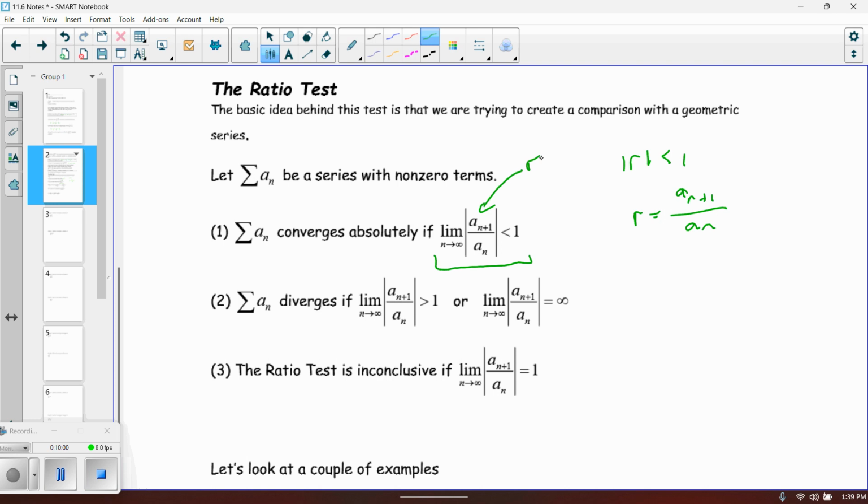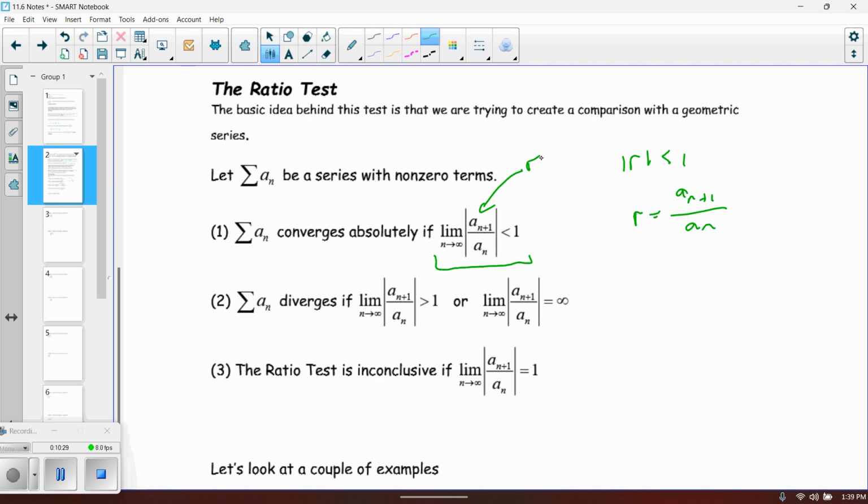So this really is exactly the same criteria as a geometric series, which means that if r is greater than 1, or the a sub n plus 1 over a sub n term is greater than 1, or it equals infinity, which of course is greater than 1, then it's going to be divergent. The only place that this is slightly different is if the limit of the absolute value of a sub n plus 1 over a sub n equals 1.